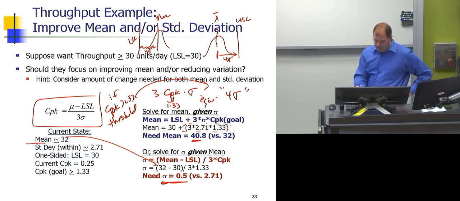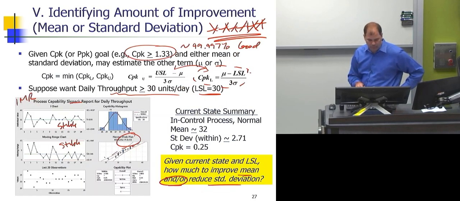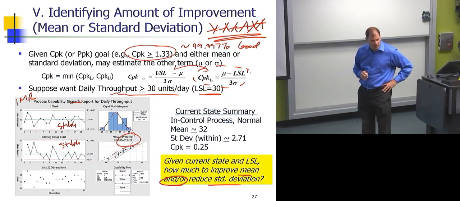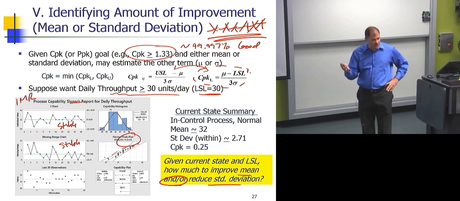Do you think it's realistic to go from a sigma level of 2.71 all the way down to 0.5 given that control chart? Well, if you already have an in-control process, you're talking about taking a standard deviation.